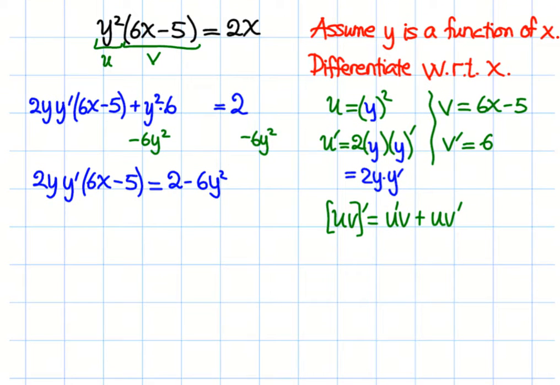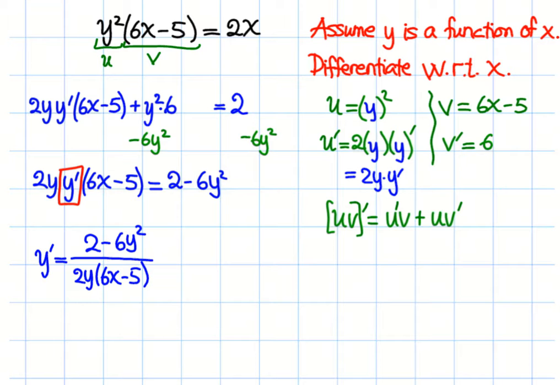And then finally, just divide by 2y times 6x minus 5 on both sides. Since we solve for the derivative of y with respect to x, we divide everything else on the other side. So we should have y prime equal to 2 minus 6y squared over 2y times 6x minus 5.